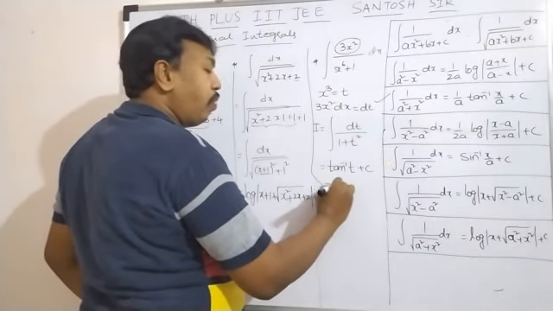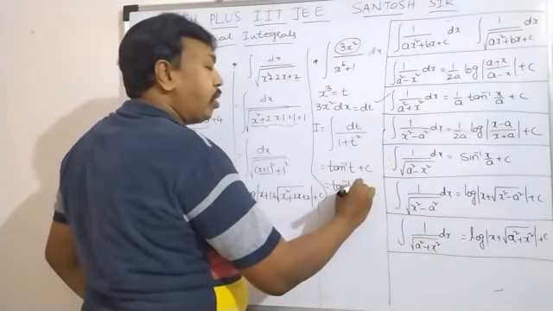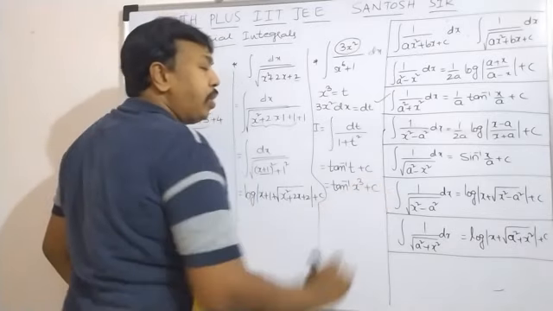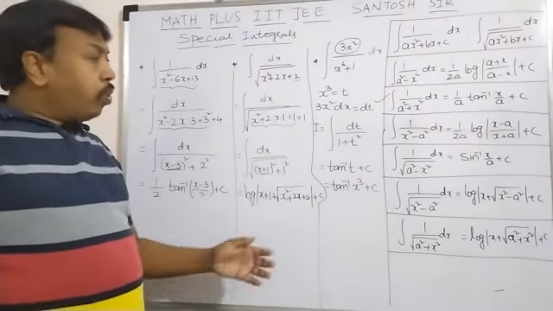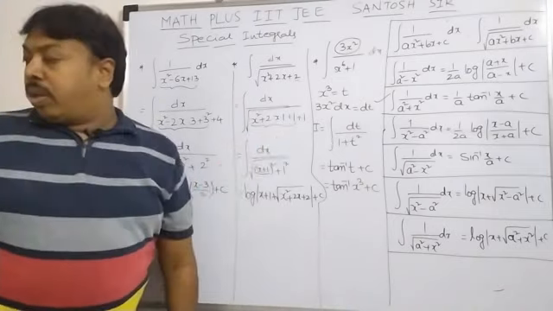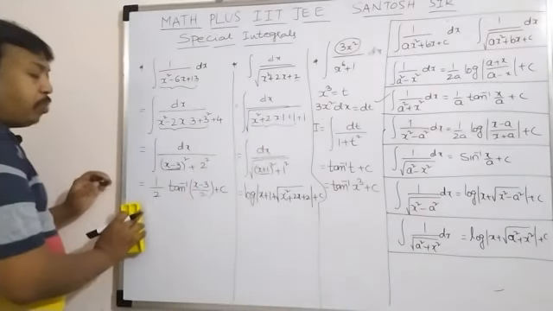Now replace the value of t. Tan inverse x cube plus c. So this is the solution. Now these are very basic problems. Now we are going to discuss a little bit higher problems.